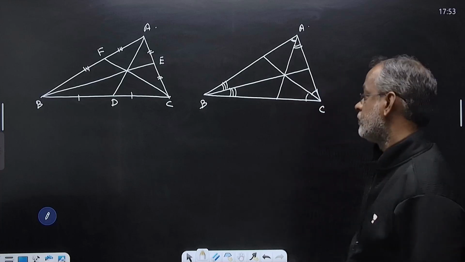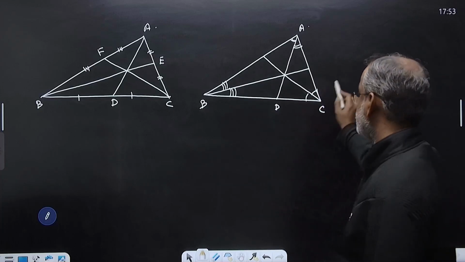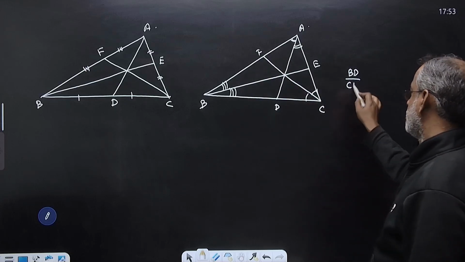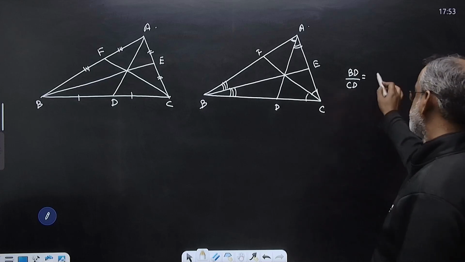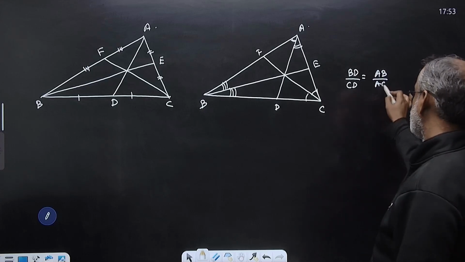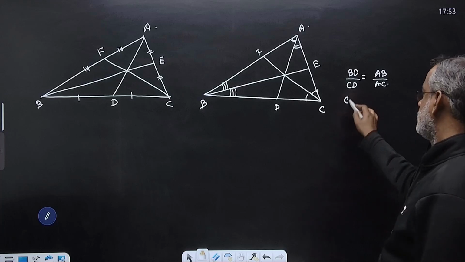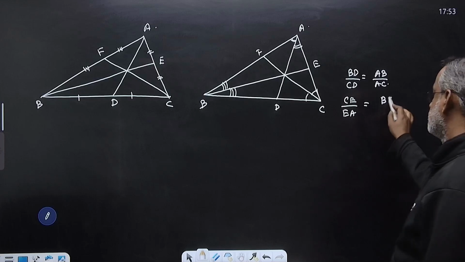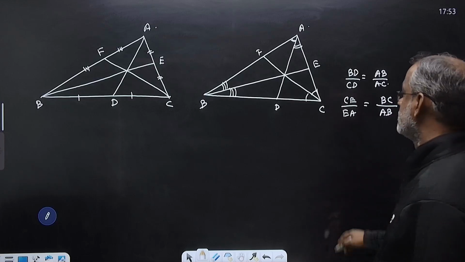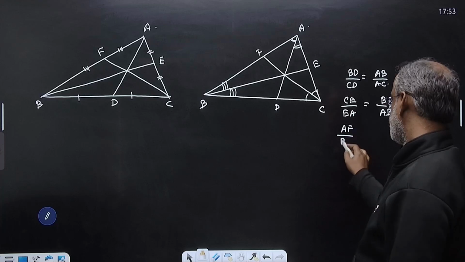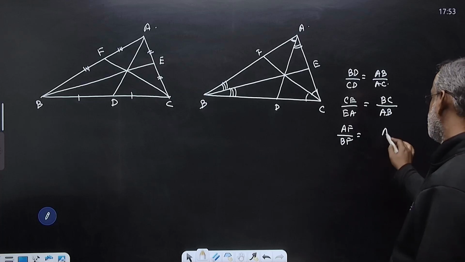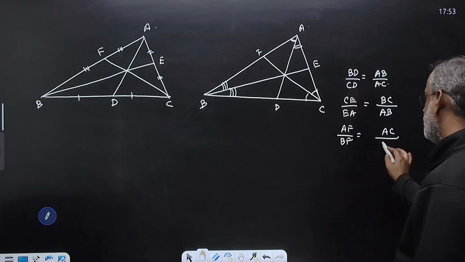In case of angle bisectors, we already know the ratio. BD upon CD, we know, is AB upon AC, CE upon EA, and AF upon BF is AC upon BC.